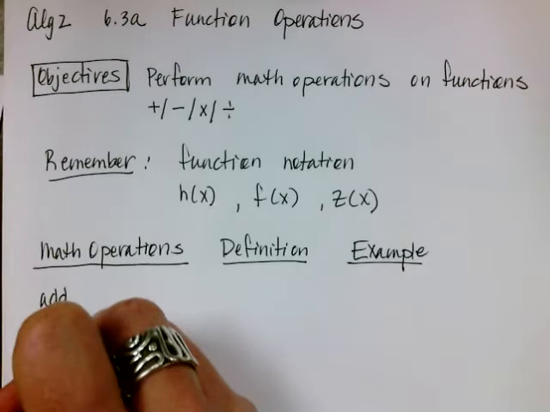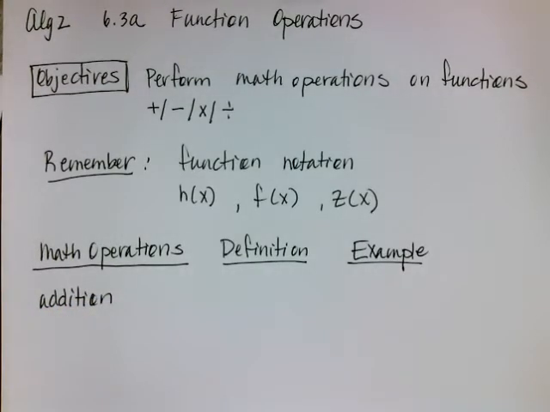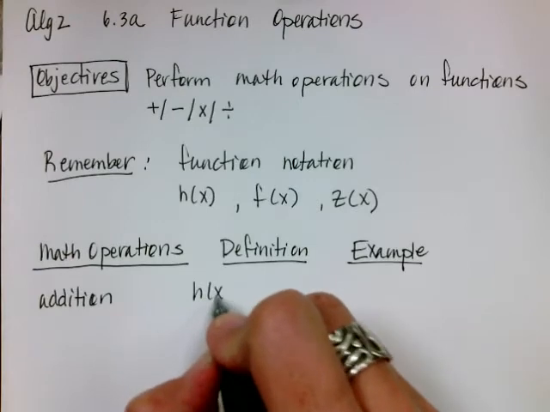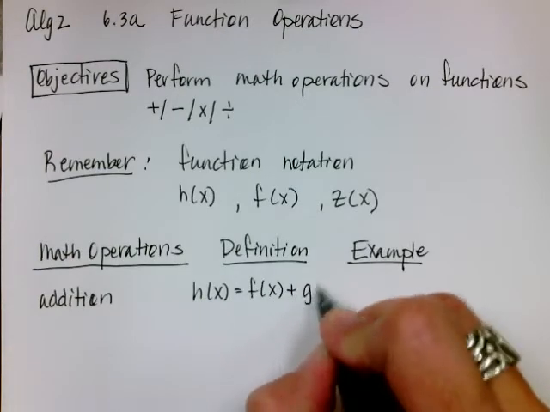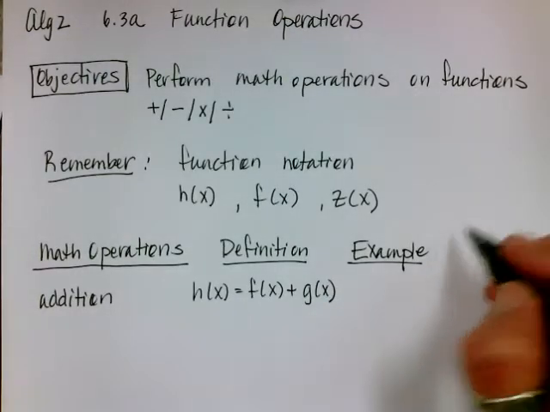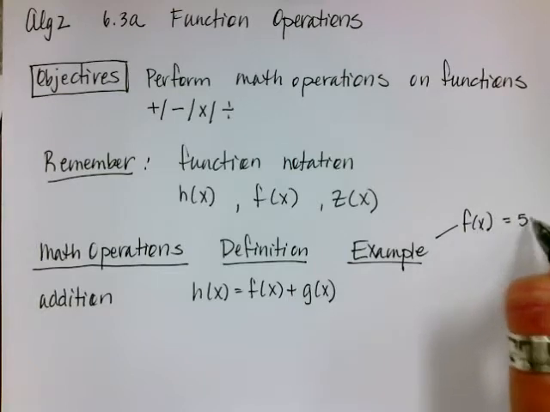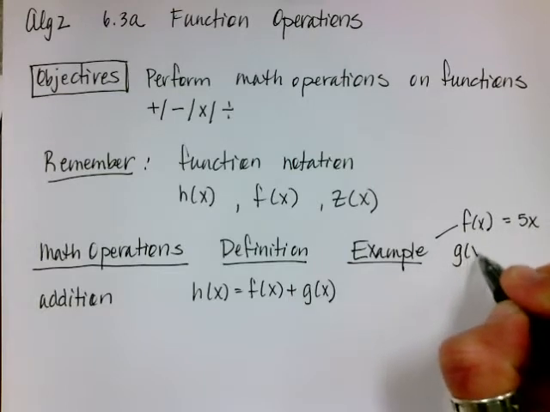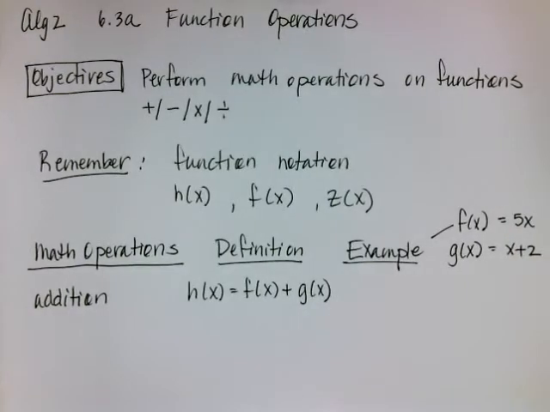So, for example, the first thing that I'm going to talk about is addition. And addition would look like h of x is equal to a function added to another function. All right? And in my examples, I'm going to use that f of x is equal to 5x, and I'm going to use that g of x is equal to x plus 2.